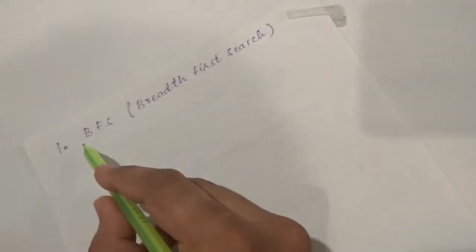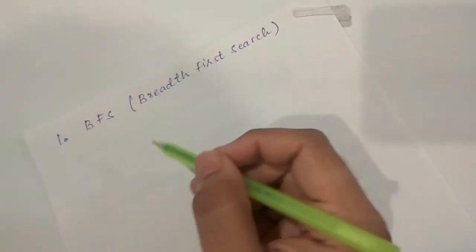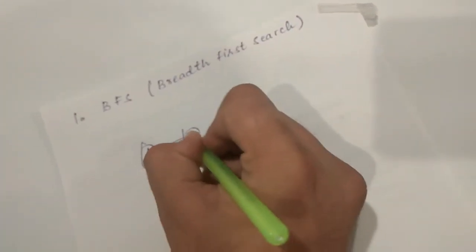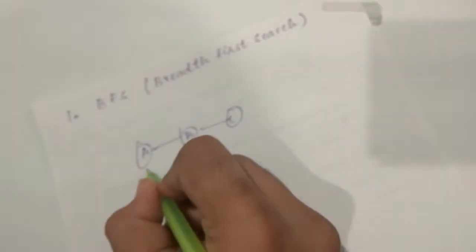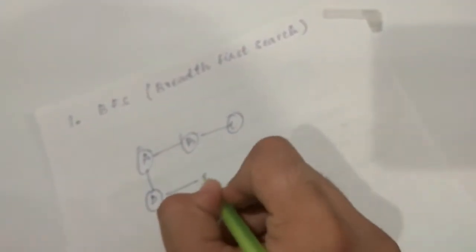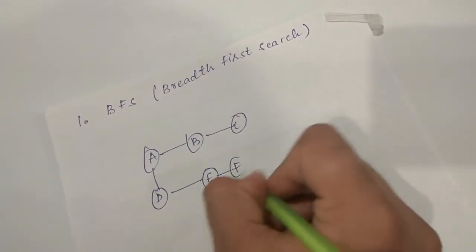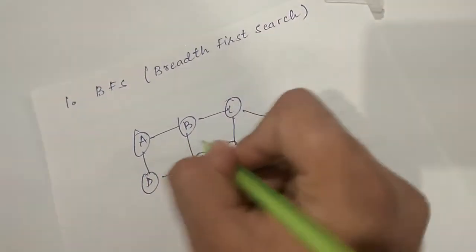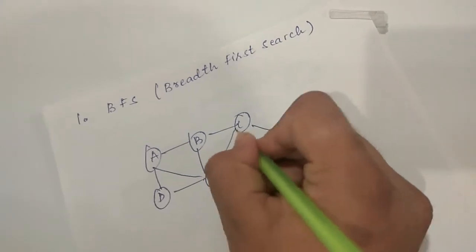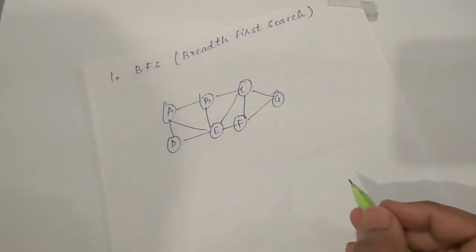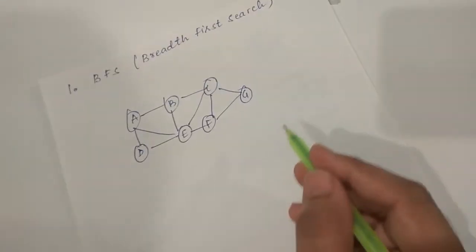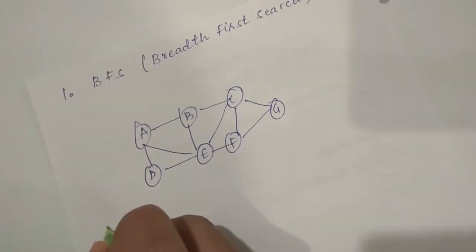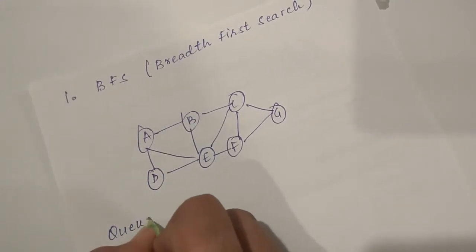Fine, so let us go with BFS traversal for a graph. So for that, let me take one graph. So this is your graph having 7 nodes. Now for BFS traversal, the first thing is you will need a queue.